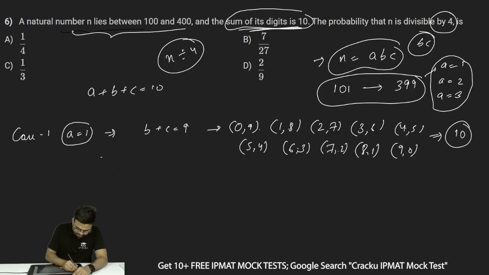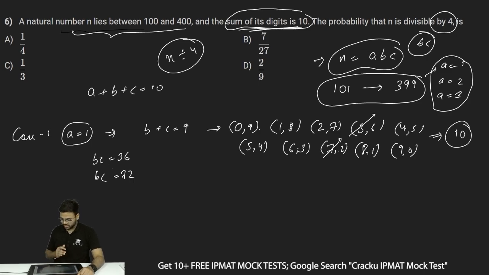Now if we consider the BC values in the first case, in which case is the BC value divisible by 4? In 3 comma 6, BC will be 36. This will be divisible by 4. Then in 7 comma 2, BC will be 72. Again, this is divisible by 4.